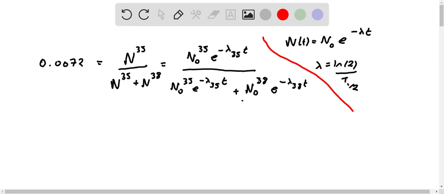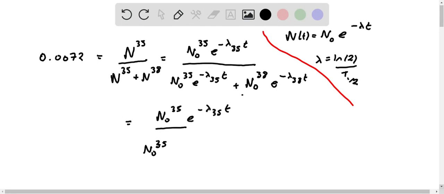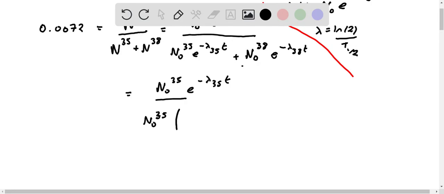Okay, cool. So we have some formula here. What can we do here? We need to do some manipulation. We can factor out the initial number of uranium-235, so the numerator remains unchanged, and the denominator becomes the initial number of uranium-238 divided by uranium-235 times e to the power of minus lambda 238 t plus e to the power of minus lambda 235 t.